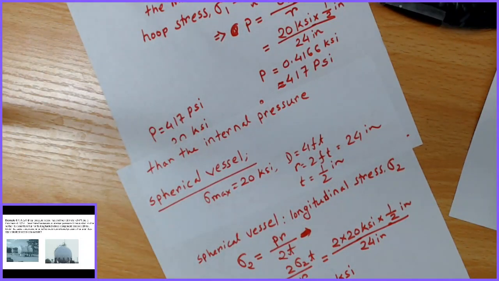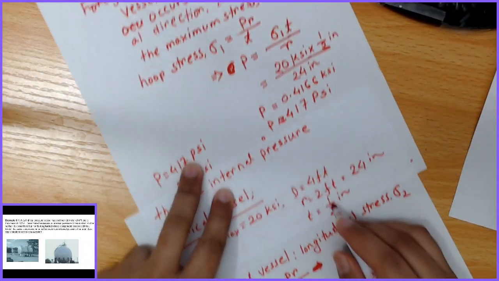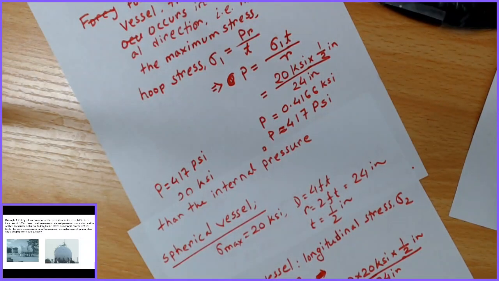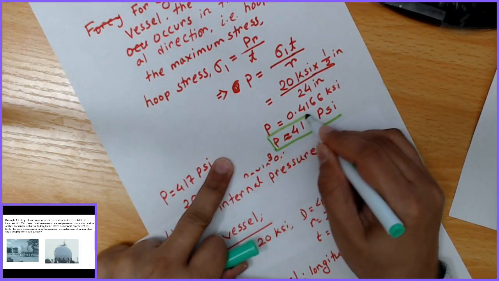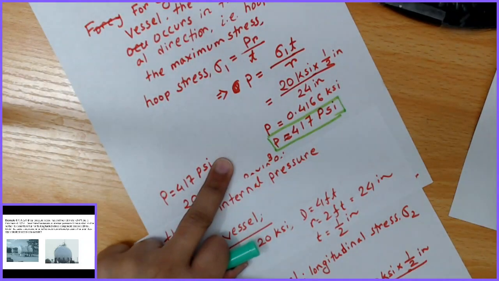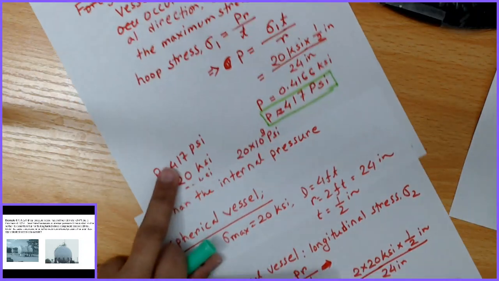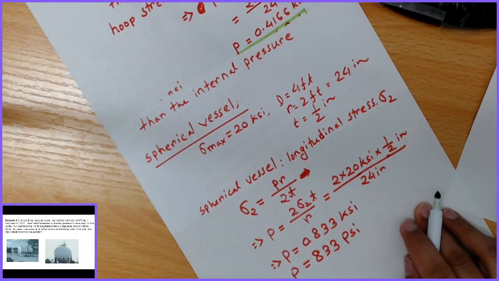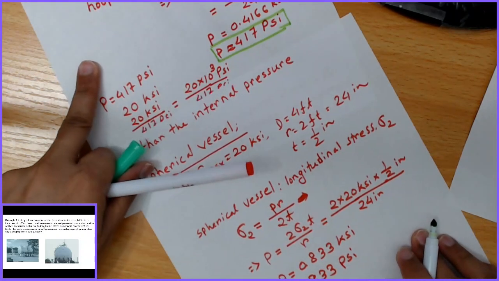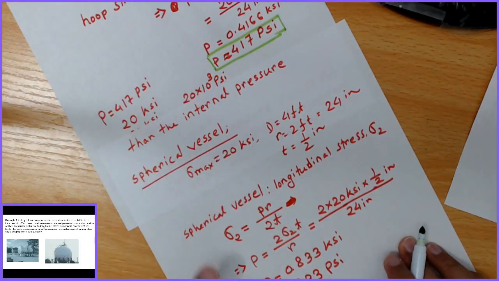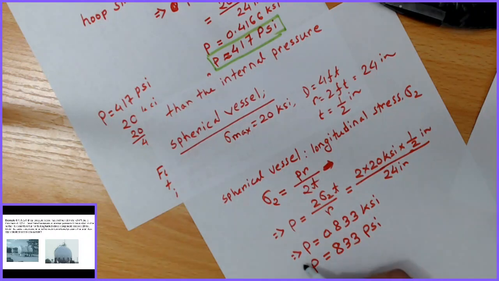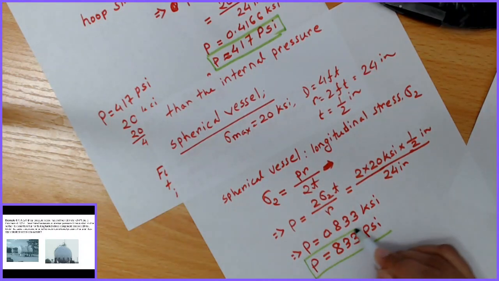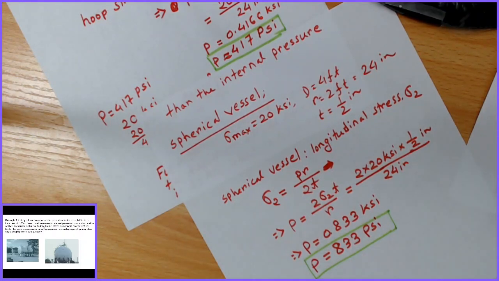One is the pressure for the cylinder, 417 psi, and the pressure for the spherical one is 833 psi.